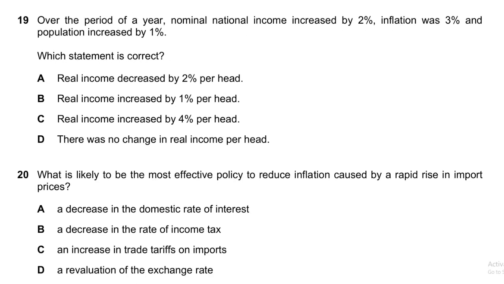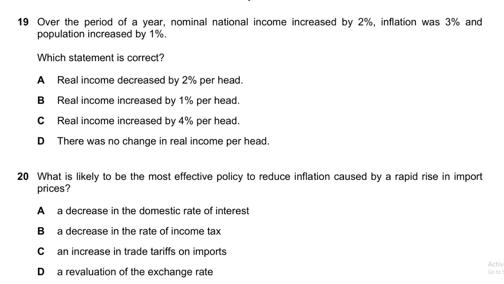Question number 19 is: over the period of a year, nominal national income increased by 2%. Nominal income is basically the income received in monetary terms, so that is 2%. The inflation rate was 3%, so we will deduct 3% inflation from here.